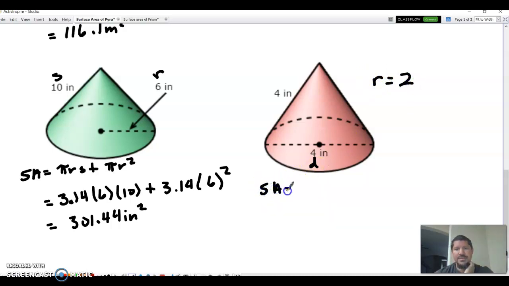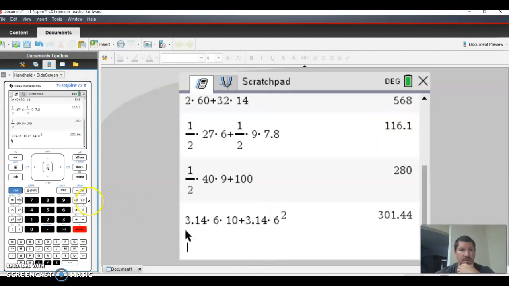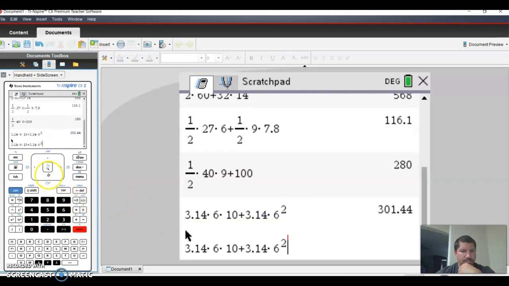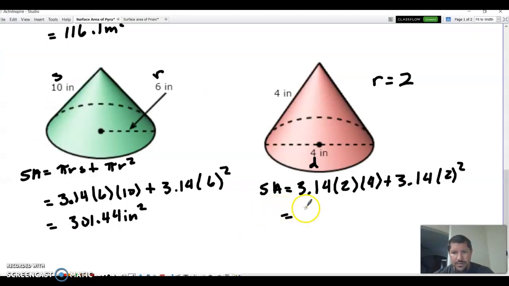So surface area is equal to 3.14 times 2 times 4 plus 3.14 times 2 squared. That gives me 37.68 inches squared.